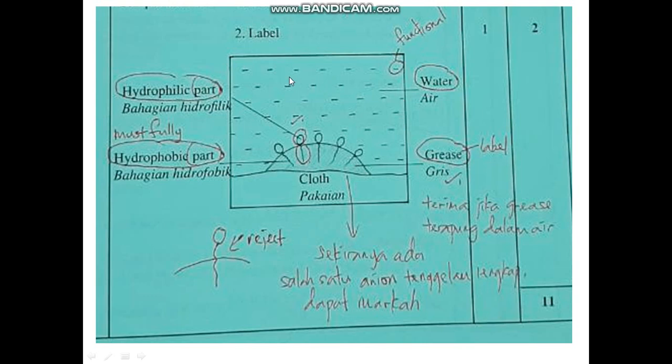You must draw a dash line to represent the water, and your tail must be fully immersed inside the grease. If you draw like this, rejected, you will lose 1 mark.